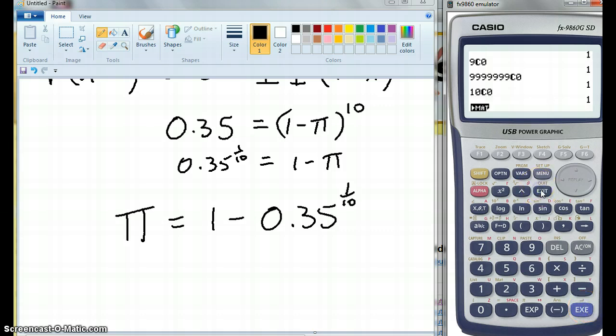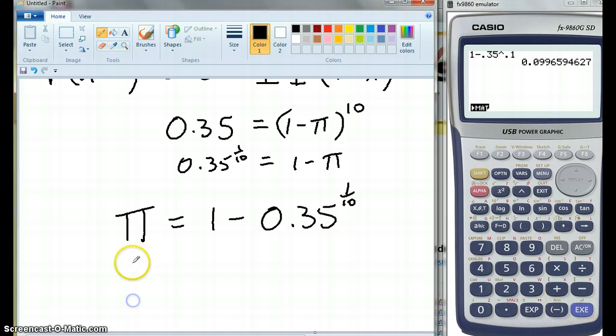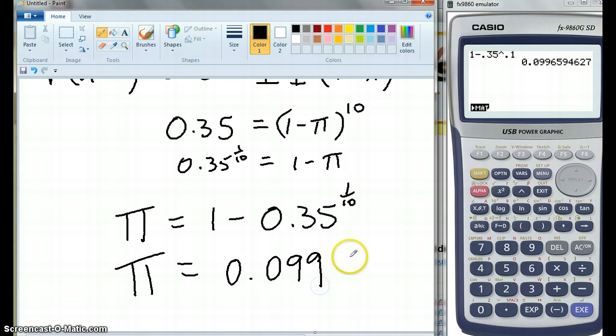Okay, so I'll just exit out of there, get back to there, clear, and I'm going 1 minus 0.35 to the power of a tenth, otherwise known as 0.1, is, so pi equals 0.0997. And let's check. Yes, correct.